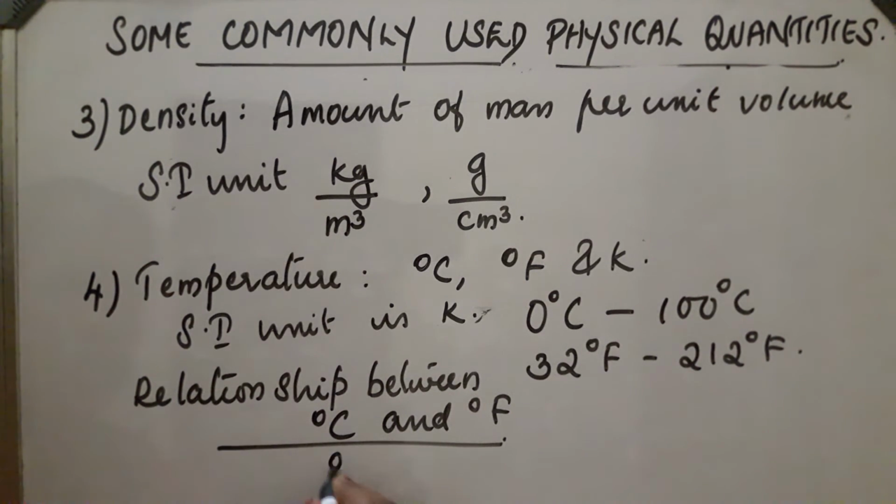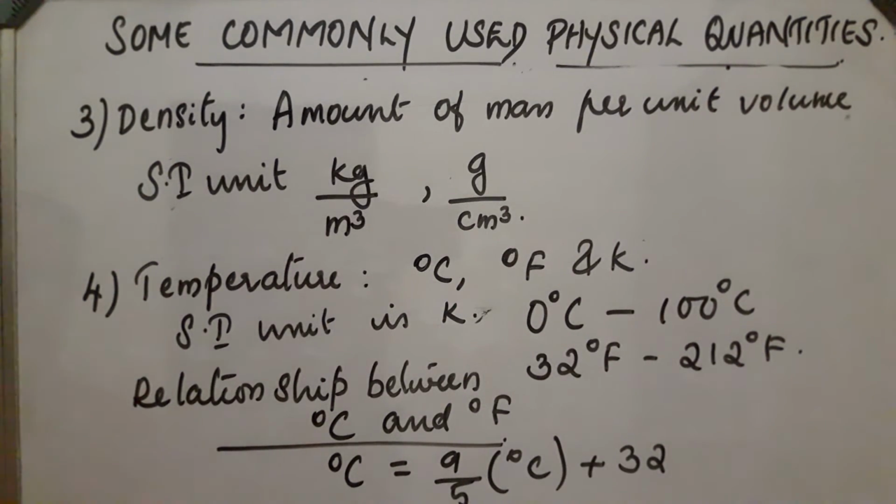So, Fahrenheit is equal to 9 by 5 times the value of degree Celsius plus 32. This much degree Fahrenheit will be the value. Like this we can convert degree Celsius into degree Fahrenheit.